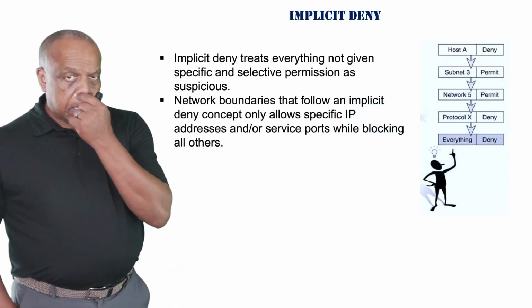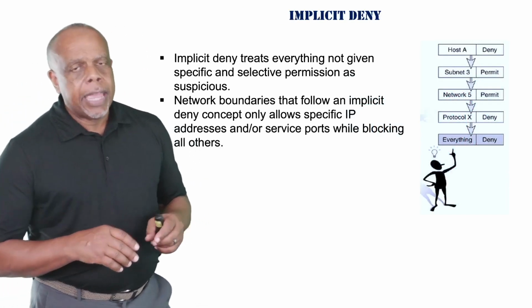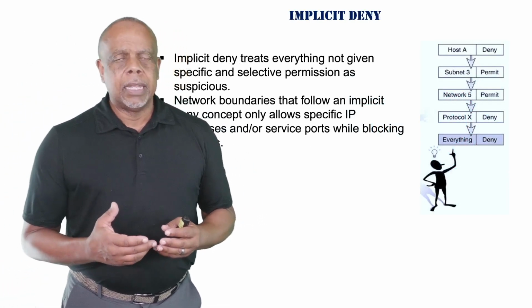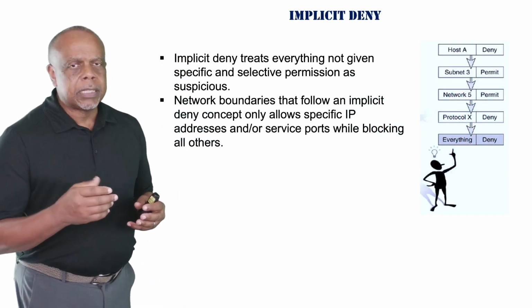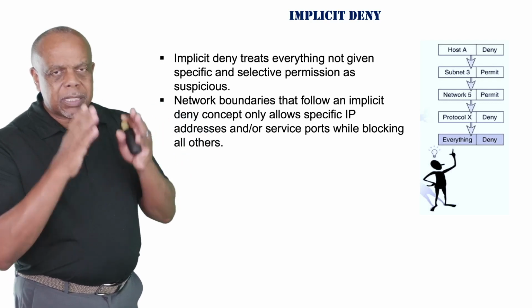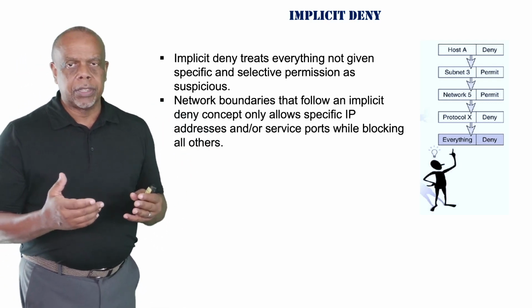Okay. Implicit deny. This is very important. Implicit deny means that everything is denied unless it is implicitly approved. Implicit deny takes everything not given specific and selected permissions as suspicious, meaning we don't trust anything.